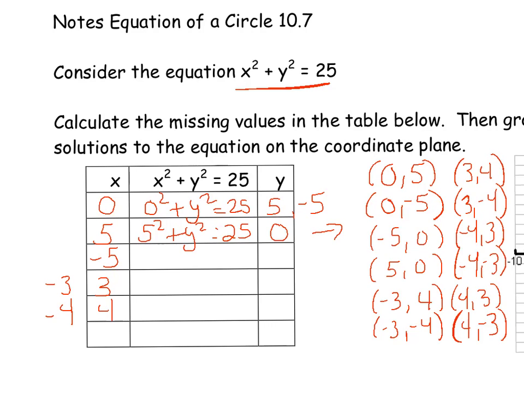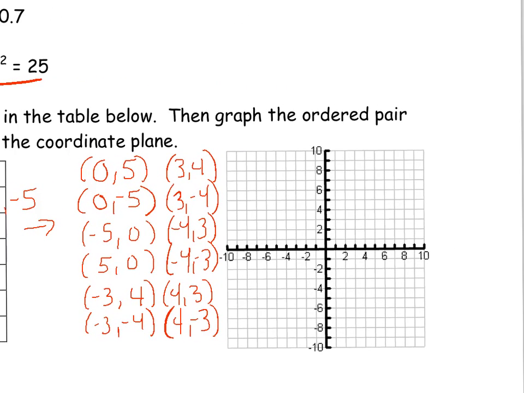Okay, so if you plugged everything in correctly, you should have gotten all the points that I have over here on the right now. So let's go ahead and plot them on our graph. So let's see, we've got (0, 5), (5, 0), (0, negative 5), (negative 5, 0), and then we have all these other points.